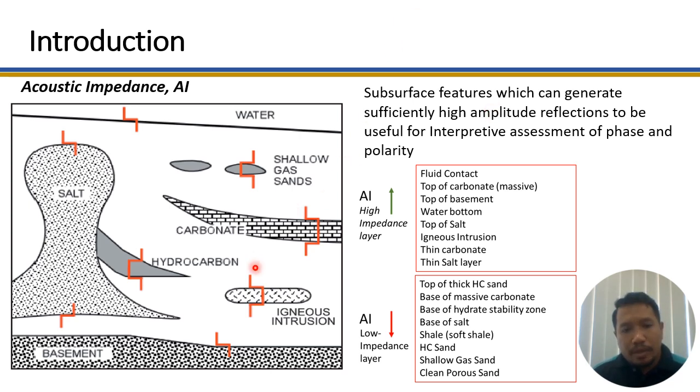And reflection terminations, for example like here, or unconformities are always helpful in isolating the character of the geological features under study because they represent sharp boundaries between different rock formations. This means that the phase of reflections from these features is typically very consistent. So basically, depending on how good the data is, it will lead you in choosing and also determining the correct phase information.